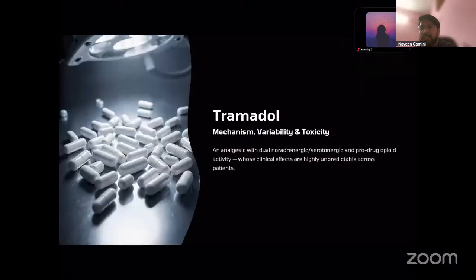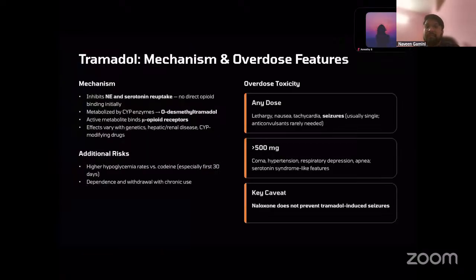Next, another drug is tramadol. This is a drug which is used frequently as an over-the-counter drug. It's an analgesic with both noradrenergic and serotonergic mechanisms of action, and its prodrug has opioid activity. The mechanism: it inhibits norepinephrine and serotonin reuptake.